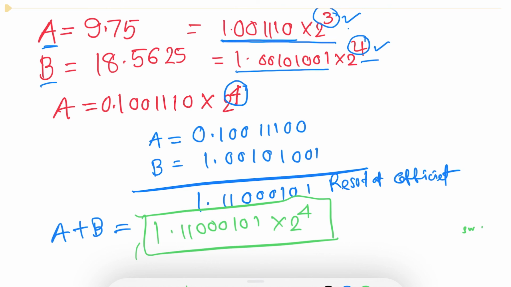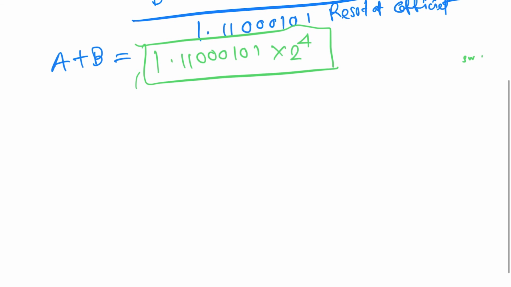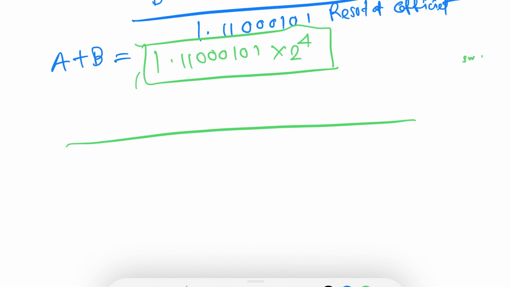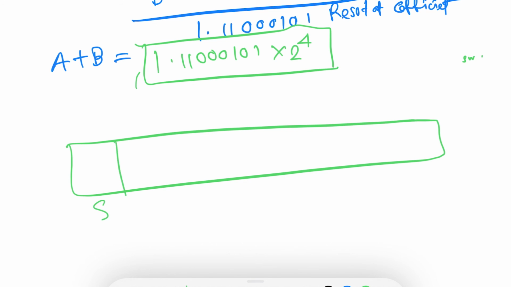Okay, so if you want to put it in our standard format, we have a sign, we have a biased exponent, and we have the coefficient.